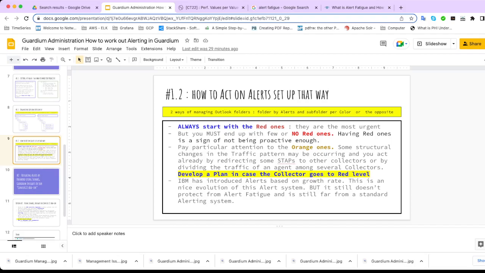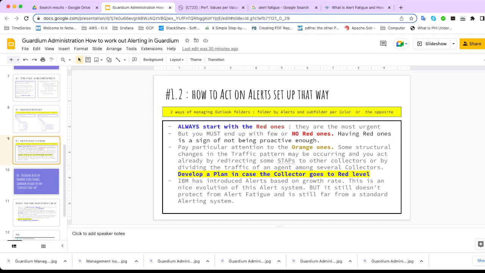So it may reduce some, because if you've got a growth, for example 30% growth, yeah, it's great. But if it's going from 10% to 40%, where is the problem?